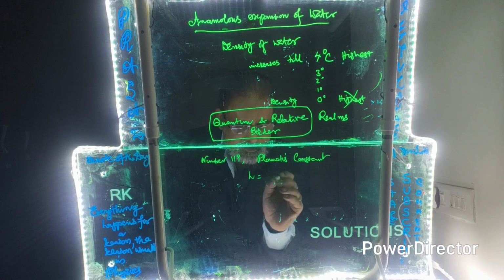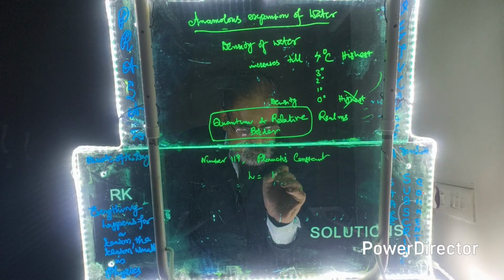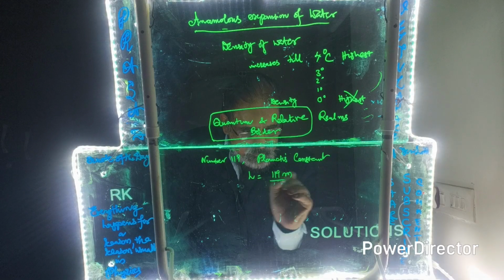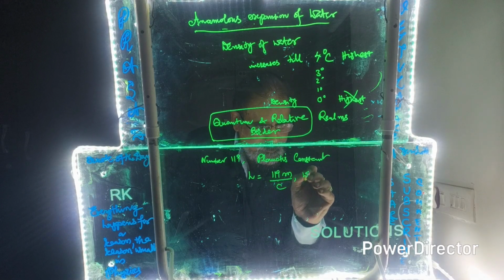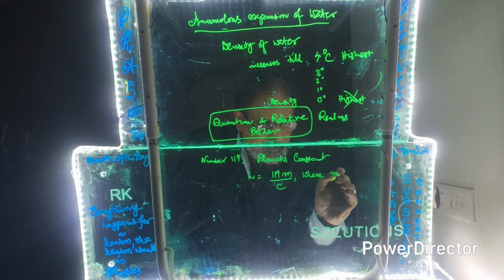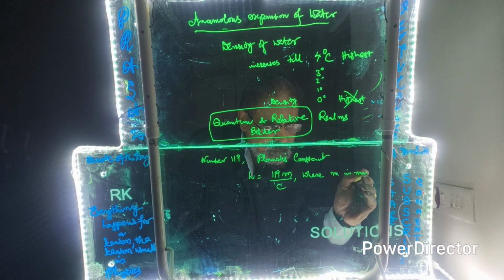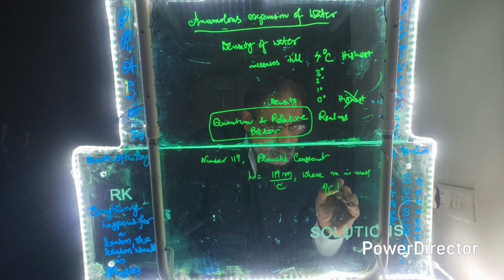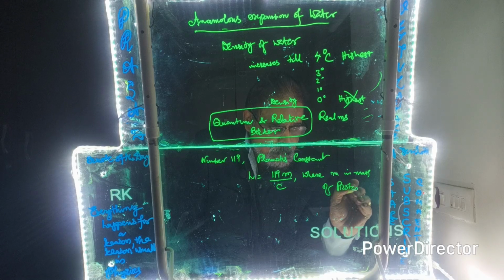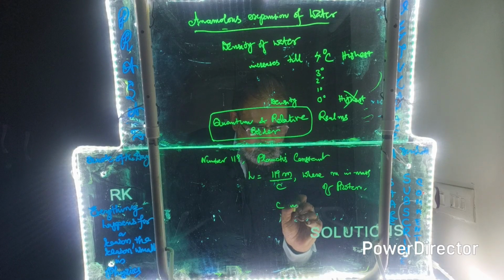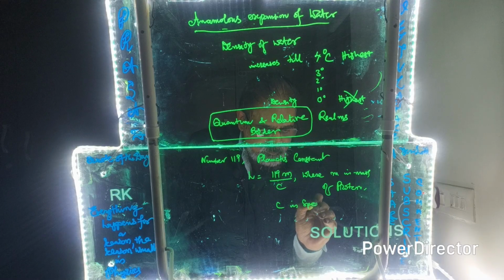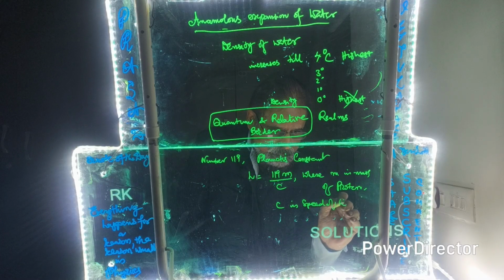How is it related? h is equal to 119 m by c, where m is the mass of the proton and c is the speed of light, of course. Right?